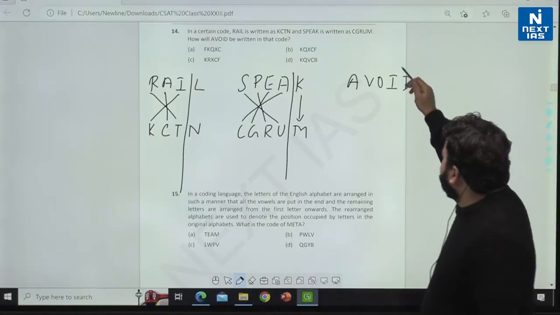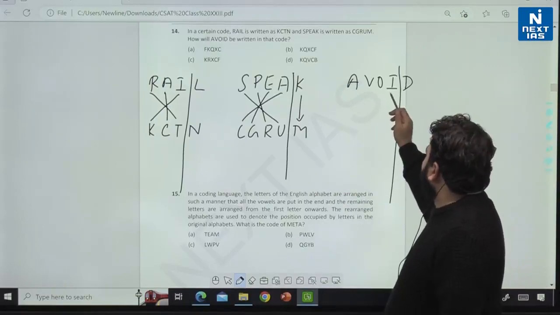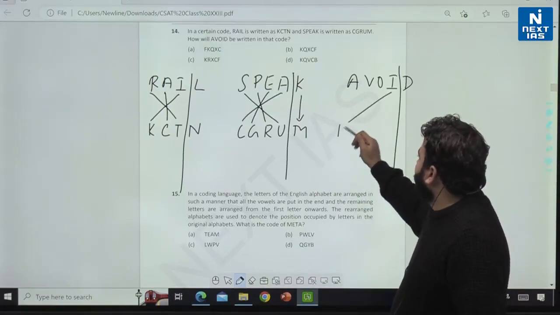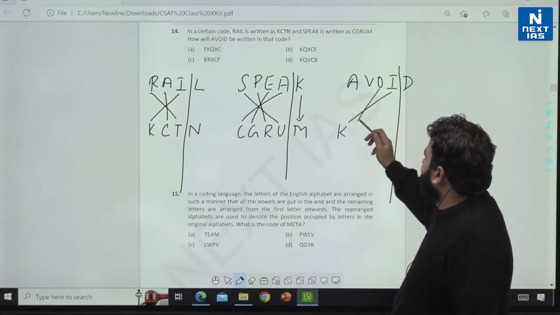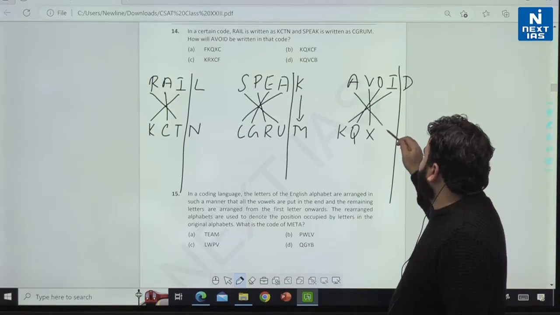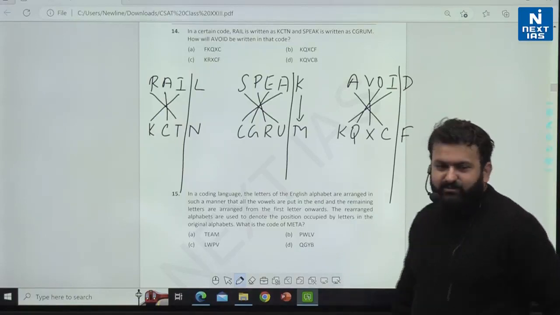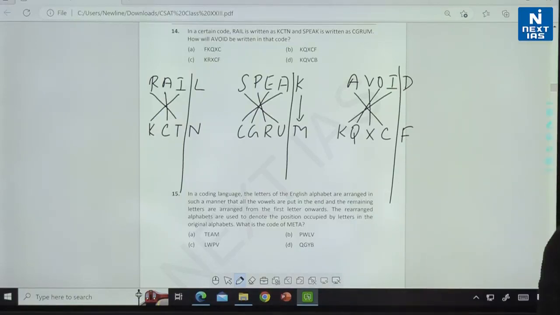Here also leave the last letter. Then I, J, K, O, P, Q, V, W, X, A, B, C, and in place of D, E, F. So K, Q, X, C, F.